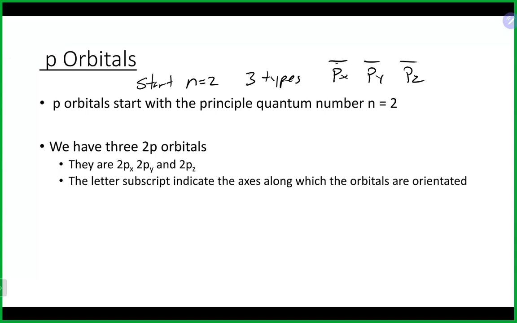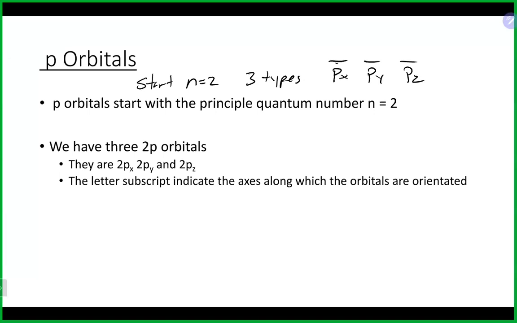They are individual p orbitals on a particular energy level. The x, y, and z is like the math little plane that we just saw. One's on the x-axis, one's on the y, and one's on the z-axis, which is how they're oriented in 3-dimensional space.